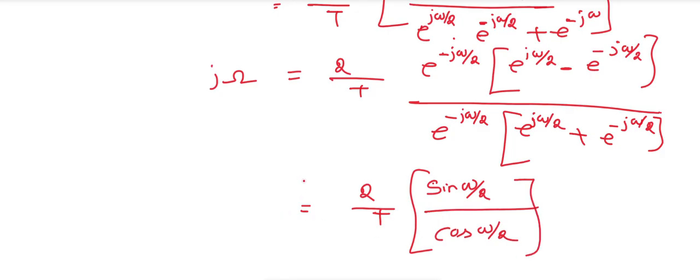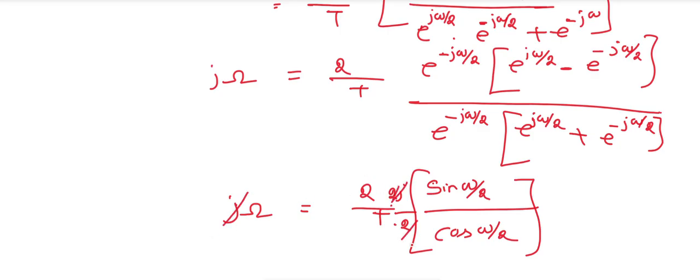Okay, so the j term will be cancelled, so 2j sin omega by 2, and j and j will be cancelled.